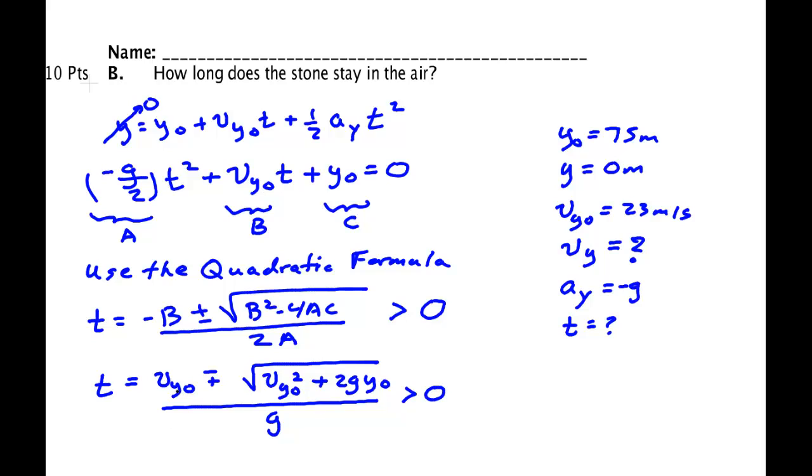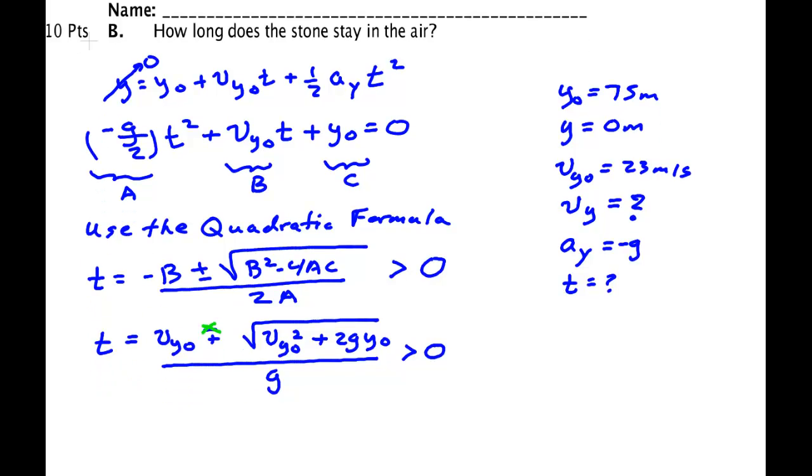Now looking at that, vy naught is a positive number. This square root is going to be even bigger than vy naught. So if you subtract it, you're going to get a negative time, and the negative cannot be allowed. That has to be the plus. You can plug in the numbers and you'll find a negative number for time, and that's not accepted. The problem starts at t equals 0.